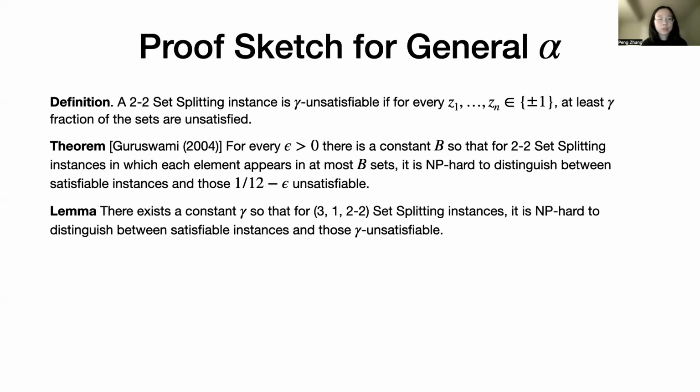A similar hardness result actually holds for the special 3-1 2-2 set splitting problem. There exists a constant gamma such that for 3-1 2-2 set splitting instances, it's NP-hard to distinguish between satisfiable instances and gamma-unsatisfiable instances.